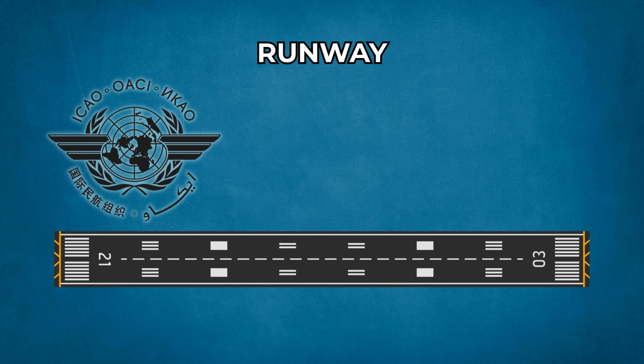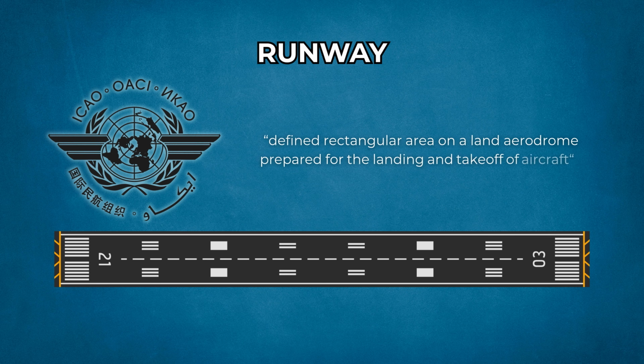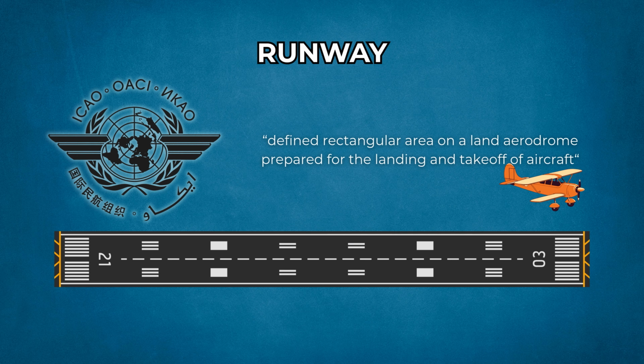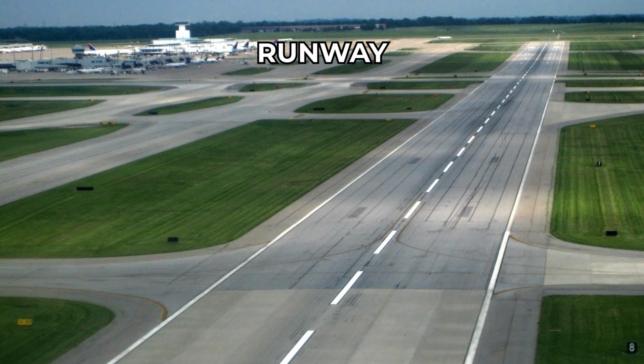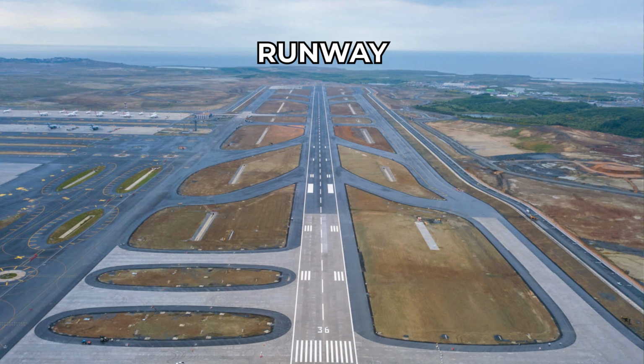According to the International Civil Aviation Organization, a runway is defined as a rectangular area on a land aerodrome prepared for the landing and takeoff of aircraft, which basically means that it is the area used specifically to take off and land an aircraft. Asphalt, concrete, and even a blend of both are the special materials that give runway surfaces their strength and durability.